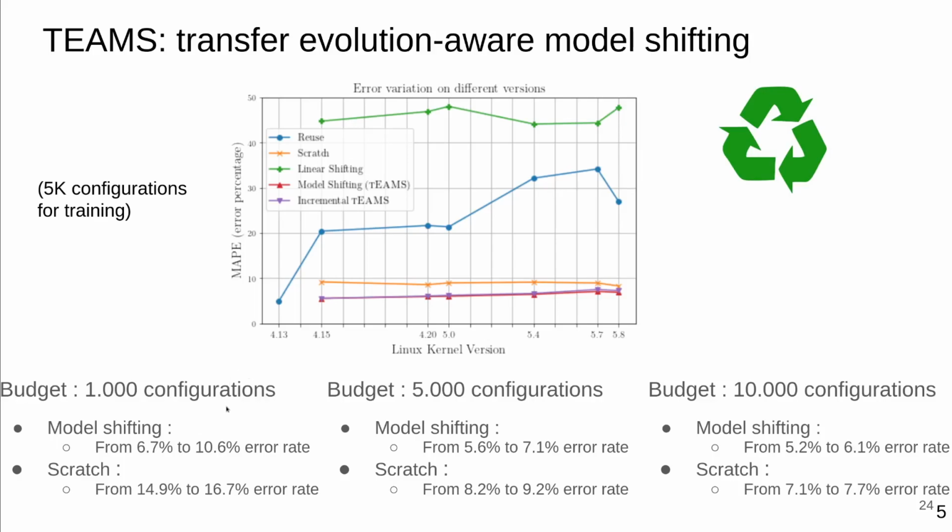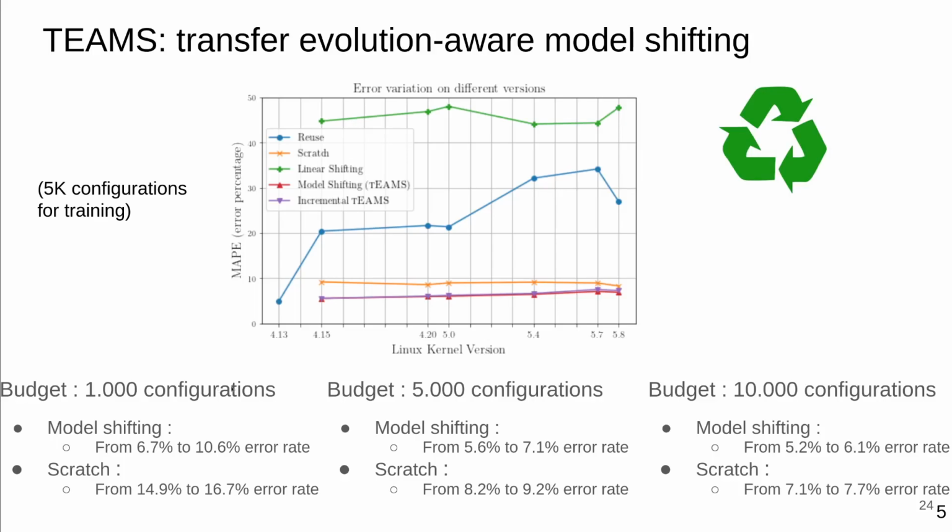Of course, Teams needs a new training set to adapt the prediction model. And Teams is really effective for quite low budget. So for instance, when you have 1K configurations, model shifting is rapidly able to adapt the prediction model and reach quite good accuracy, while learning from scratch has difficulties because there are not that many configurations in the training set.